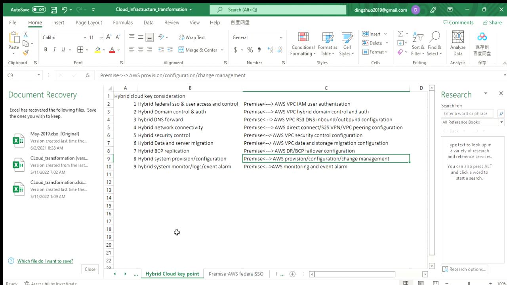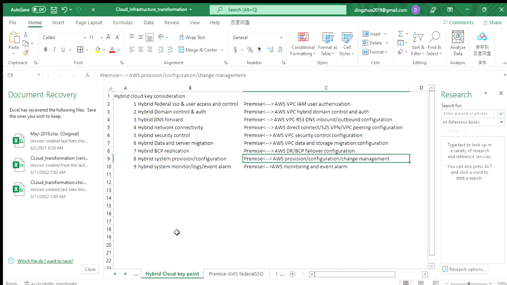But also, the customer premises may already have an existing federated single sign-on solution, which is used for enterprise user authentication and authorization.